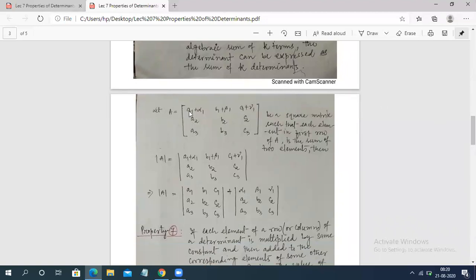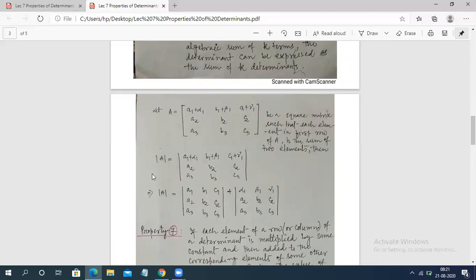The entries of R1 are A1 plus alpha 1, B1 plus beta 1, C1 plus gamma 1. Second row are A2, B2, C2. Third row A3, B3, C3. Now this is a square matrix where each element in the first row of A is the sum of two elements, A1 plus alpha 1, B1 plus beta 1, C1 plus gamma 1. So this is the sum of two elements.